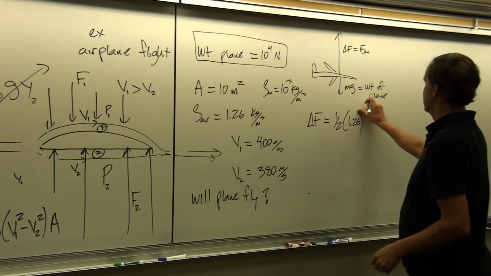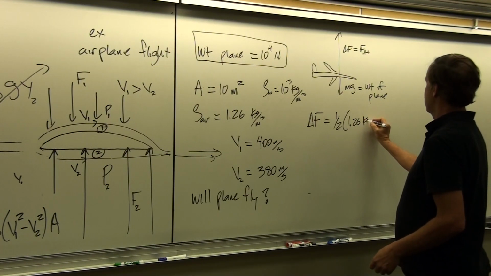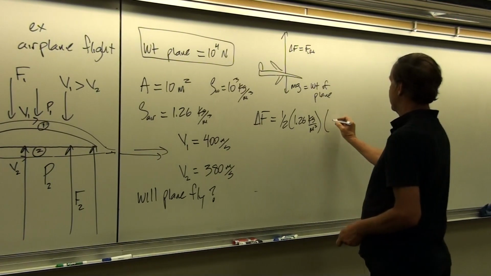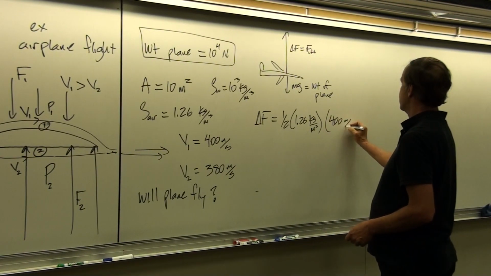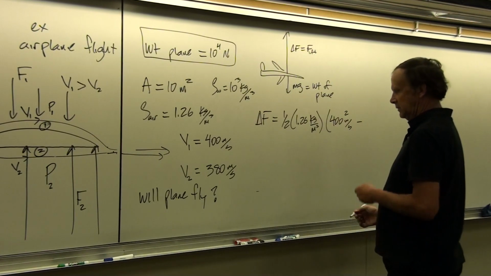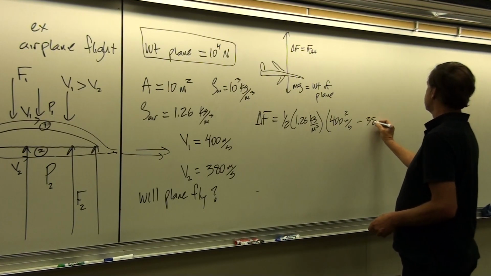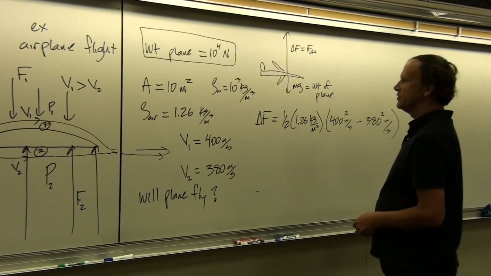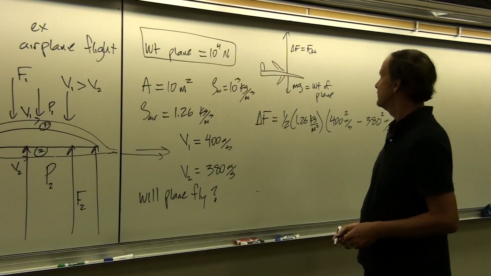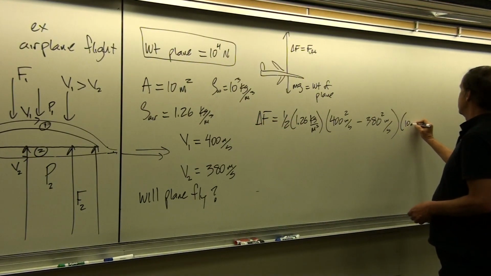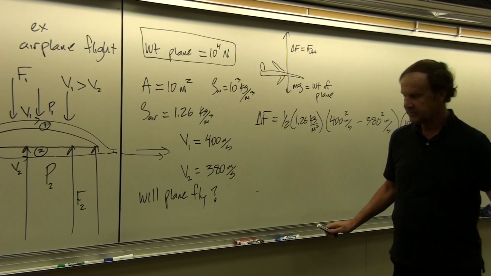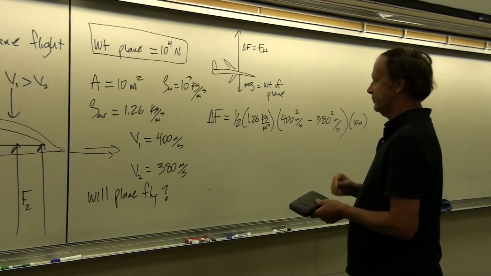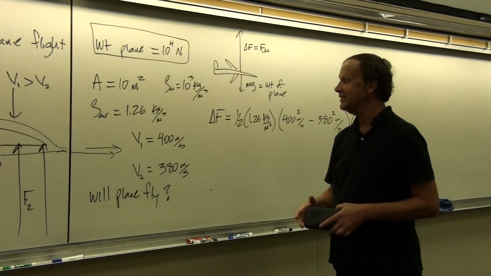Okay, so that's what goes in here. Glad I caught that. Kilograms per meter cubed times V1 squared, that's 400 meters per second squared, minus 380 meters per second squared. So the difference in the square of the velocities times the wing surface area, which is 10 meters squared. And so let's knock that out and see if the plane is going to fly. I think it is, because I made these velocities pretty high.